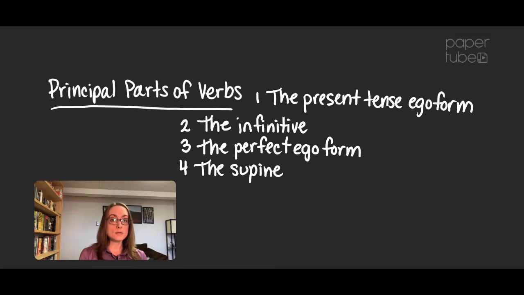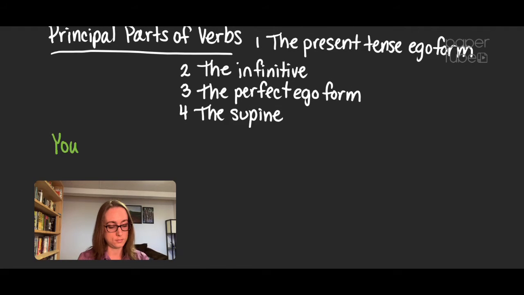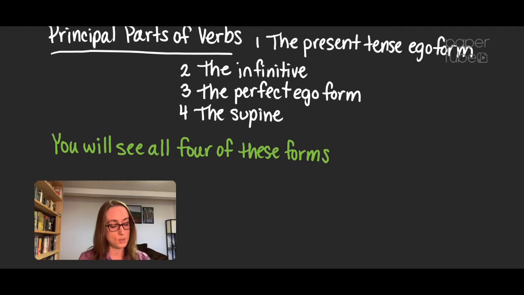What are these and where do you see them? You see them in the glossary entry for the word. So, you will see all 4 of these forms when you look up a word in the glossary or dictionary.